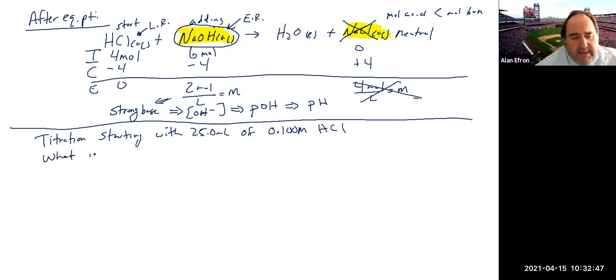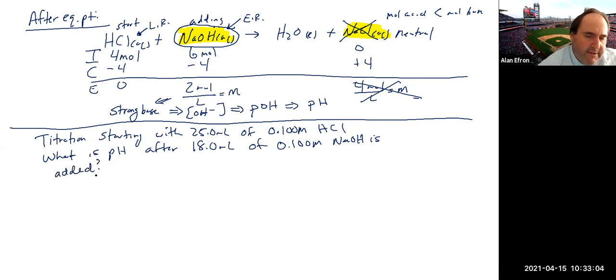What is the pH after 18 milliliters of 0.1 molar sodium hydroxide is added? All right, take a minute or two to see what you come up with in this case. Again, the titration here is basically what we've been talking about. Sodium hydroxide up in the burette, hydrochloric acid in the beaker. So we're adding the sodium hydroxide to the HCl.